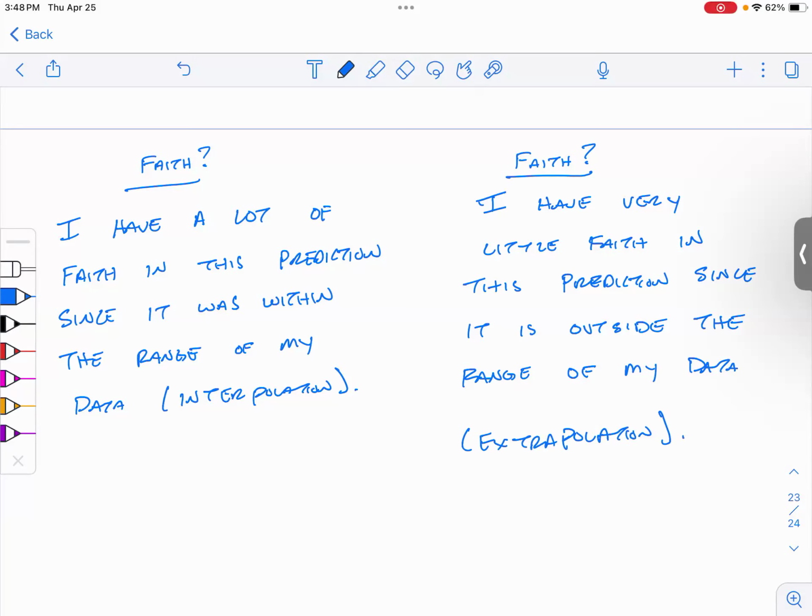And that is what's called extrapolation. So predicting within the range of my data, I feel good. Predicting outside the range of my data, I'm worried. And those are really the only two cases.